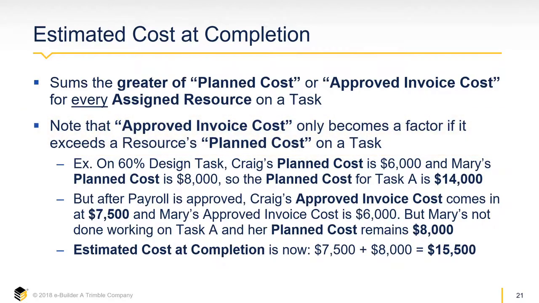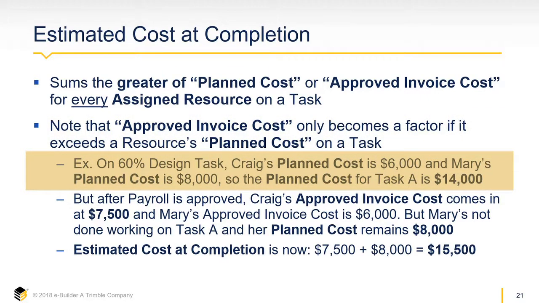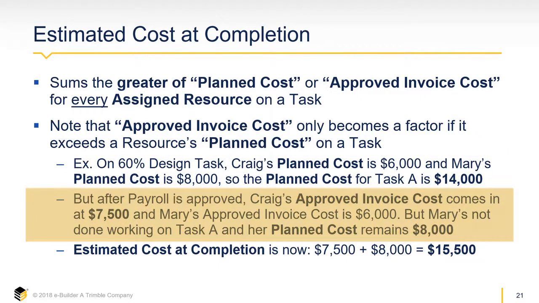So if we have a task with a planned cost for one resource of $6,000 and the other resource's planned cost is $8,000, that resource has a total planned cost of $14,000. Now, let's assume payroll comes in and one resource, Craig, has an approved invoice cost of $7,500, even though he was only planned for $6,000. We have to account for that.